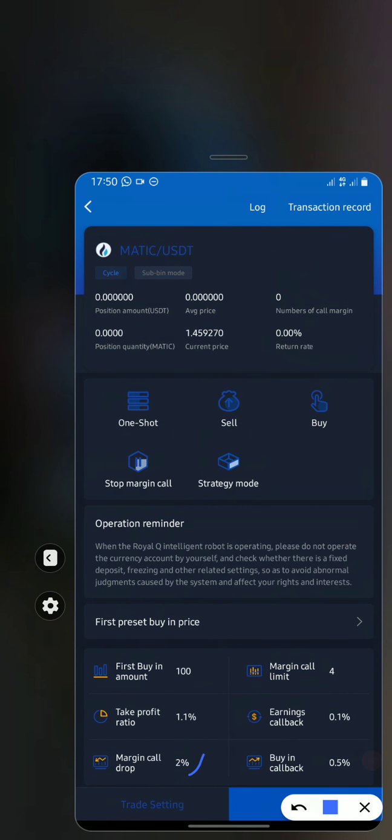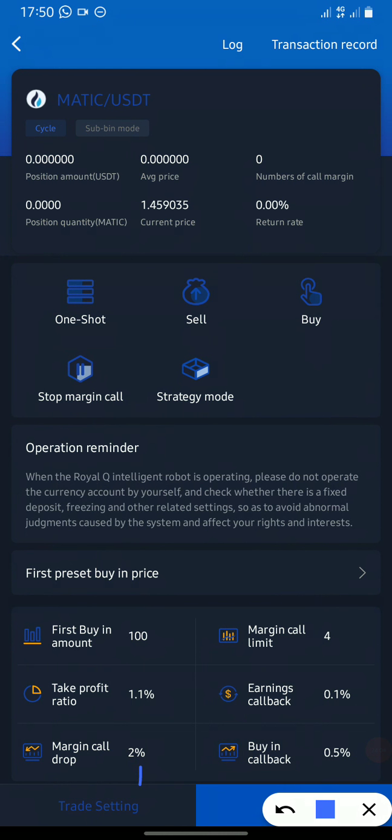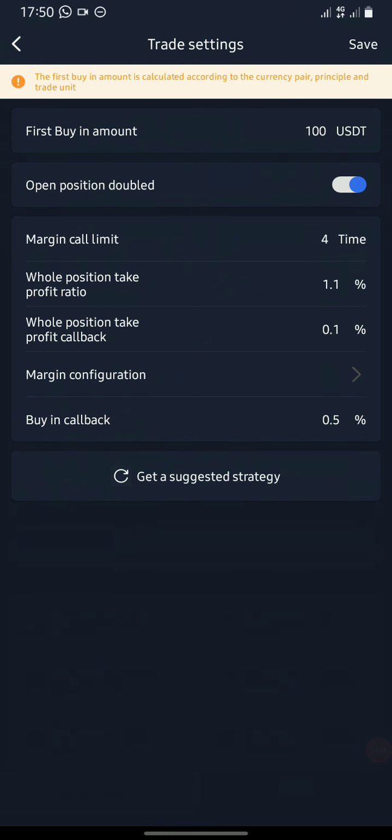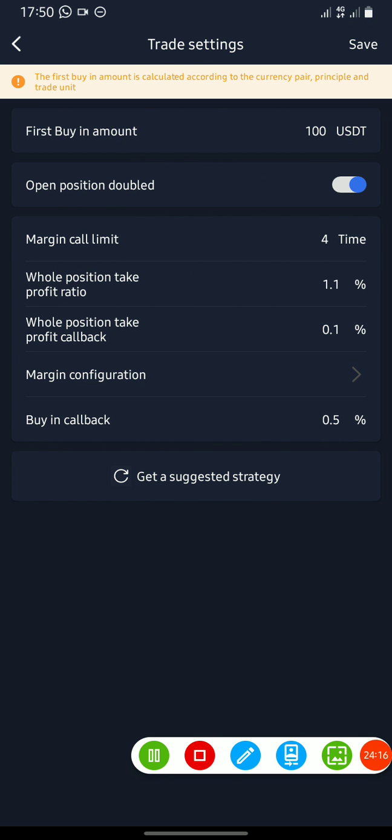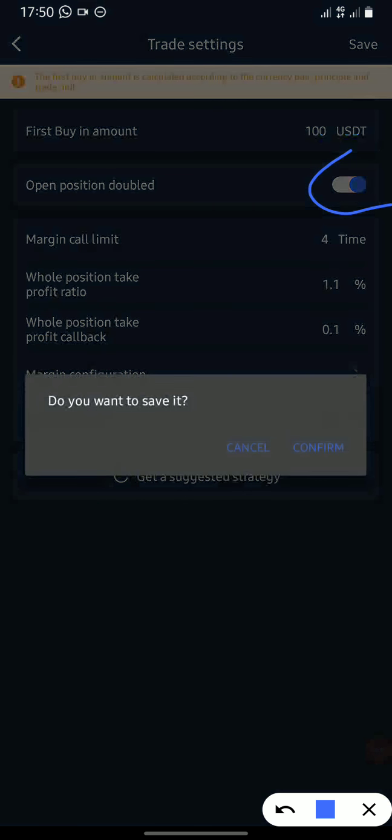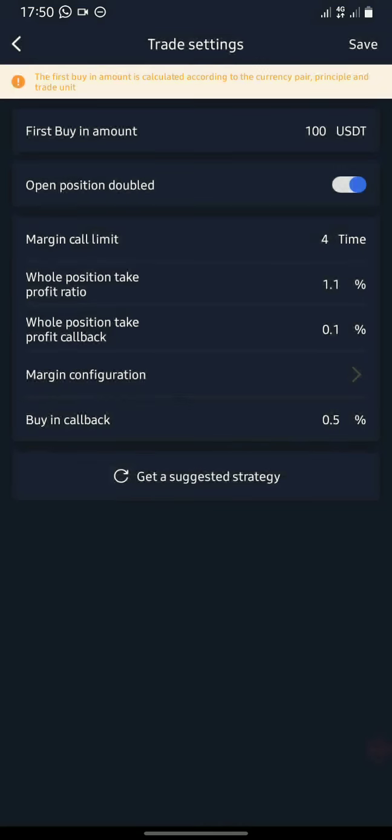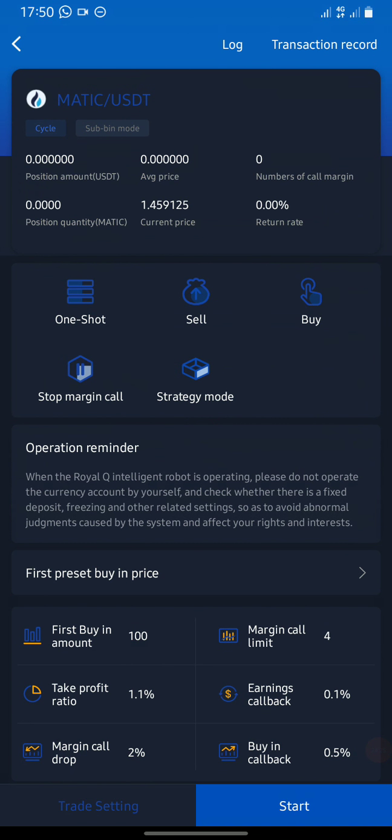All your margin calls will not be bought. It will only be buying and selling your first buying amount alone. And if you put open position double here, that means you'll be selling at a higher profit, because it will be selling at $200 for you.